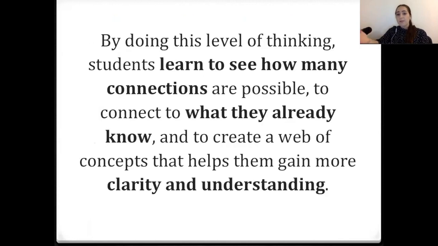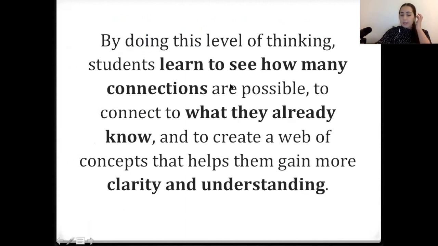Okay, so by doing this level of thinking, you're able to see how many connections are possible with what you already know. And in this way, you're able to create more clarity and understanding in your solutions and in the problems, and finding the correct solution for the problem at hand.